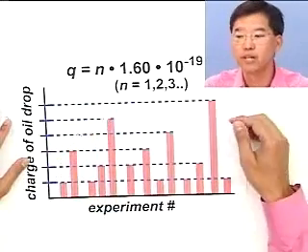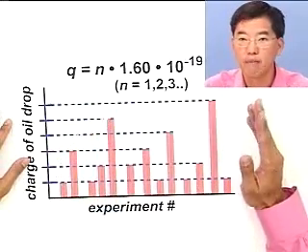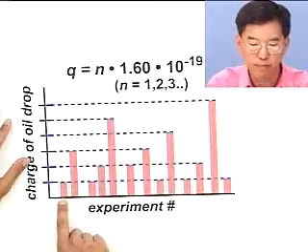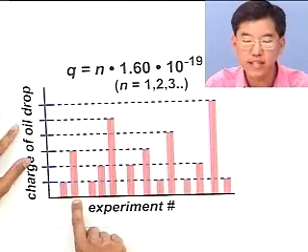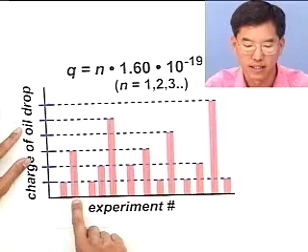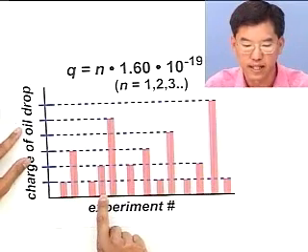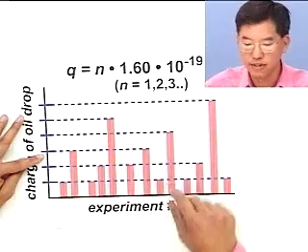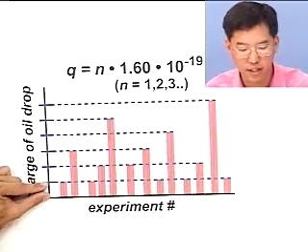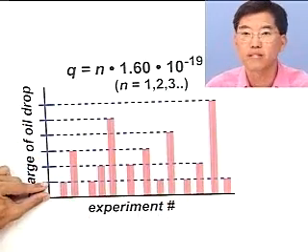What we're going to do is take the greatest common divisor and assume that that represents the charge on one electron. So this particular oil drop had 1 extra electron on it, but this one had 3 extra electrons, and this one had 2 extra electrons, and this one had 4 extra electrons. And so this amount, from here to the smallest step, that's what we're going to assume is the charge on just 1 electron.